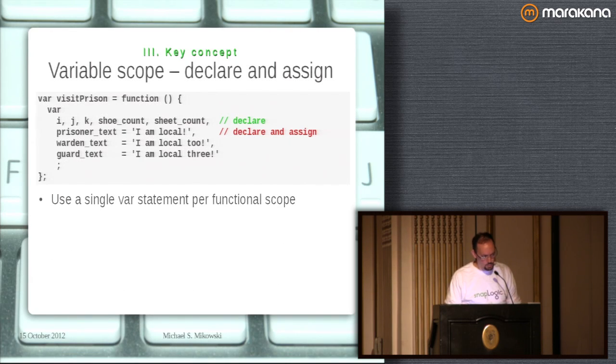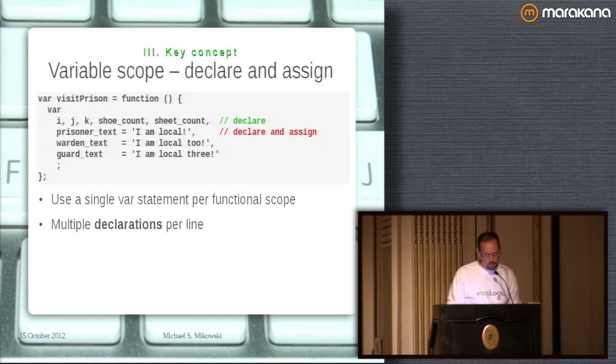We recommend that you use a single var statement per functional scope. There's no need to have multiple var statements. There's no performance advantage to it at all. All your variables that you declare within a functional scope will be declared by JavaScript immediately on invocation of that function. So if you think, hey, I'm going to hold off on declaring these 25 variables to the bottom to save time, you're not.